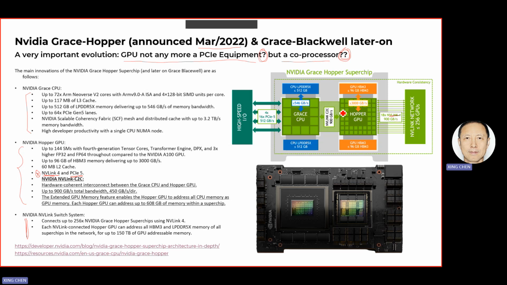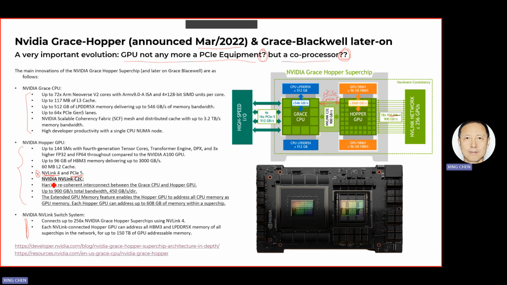And where is the PCIe? It has to be here. The PCIe link between this Grace CPU and the Hopper GPU is generation 5. There is the PCIe link.